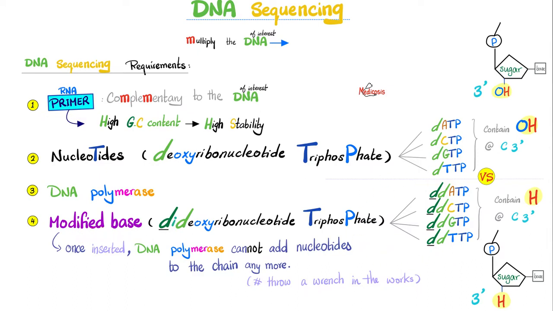Because once you insert a modified base, it's like throwing a wrench in the works. It will ruin everything. Now DNA polymerase will have nothing to do with this, because DNA polymerase can no longer add further nucleotides to the chain once you added this piece of garbage. Look at those double Ds. They are big problems. They are modified and they stop the work.